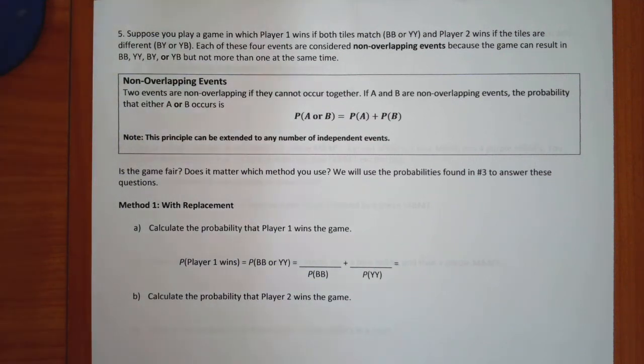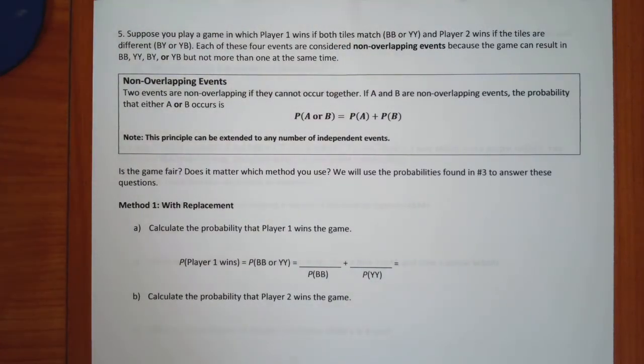Okay, we're going to continue on with our blue and yellow tiles in a bag, but we're going to turn it into a game. Suppose you play a game in which player 1 wins if they match, either a blue-blue or yellow-yellow, and player 2 wins if the tiles are different, blue-yellow or yellow-blue.